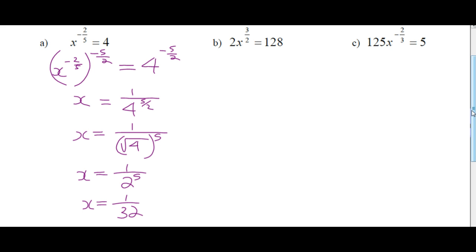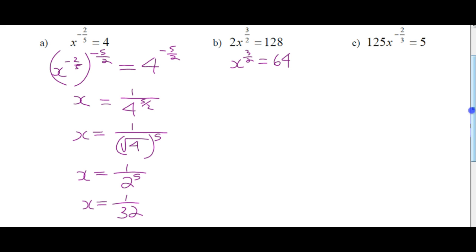When you get something like this, get rid of the 2 first. Okay, isolate the x before you do anything else, right? If you just try and raise this whole thing to the 3, it's just going to blow up in your face. So isolate the x first. So this is x to the 3/2 is equal to 64. Okay. So simplify it so you no longer have a number in front, right?